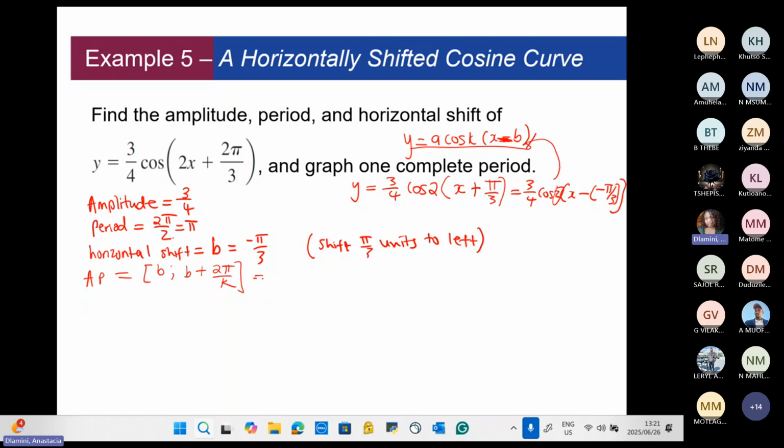So in this case, our b is what? Our b is negative pi over 3. Well done.